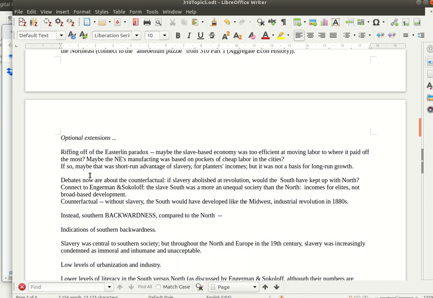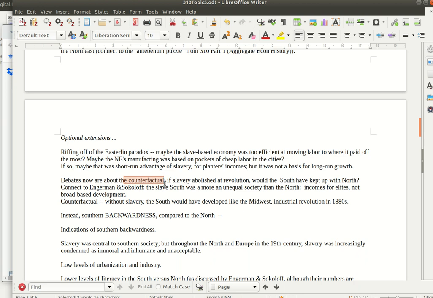The only part really worth talking about in closing up this first part of topic 5 is to remind you of the notion of counterfactuals in history. The idea of doing history by saying, well, what if? What would have happened if?